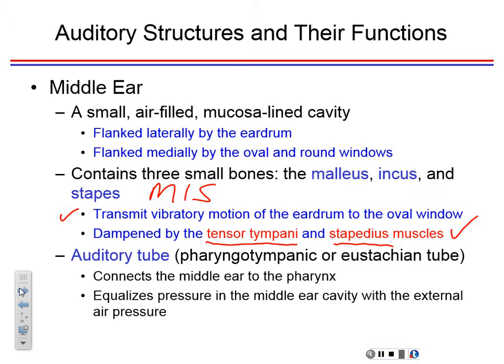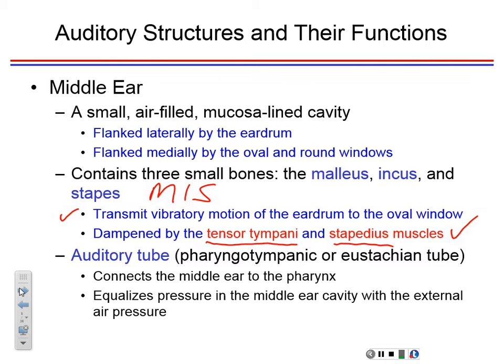And then the auditory tube, which is a connector between the middle ear and the pharynx, or the throat. You notice this a lot when you fly. If the cabin pressure is very high, it pushes on your eardrum, and most of the time you can cure that by yawning.